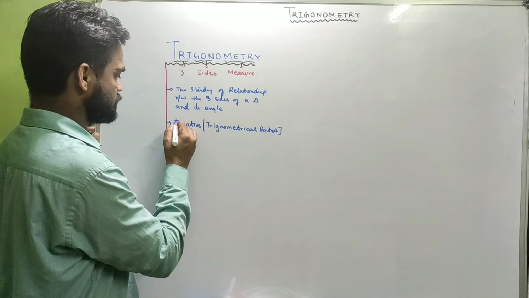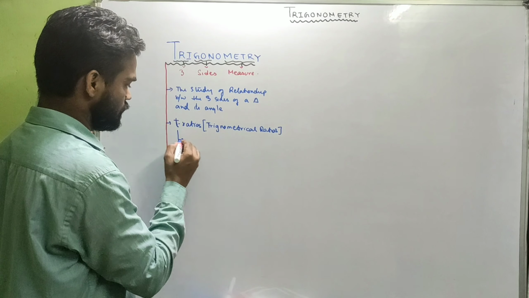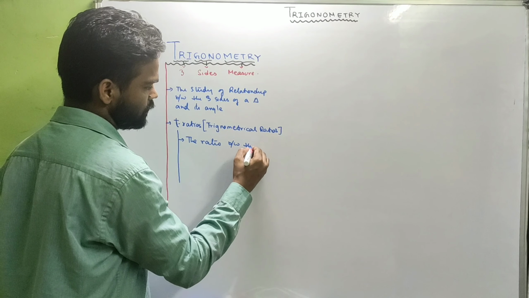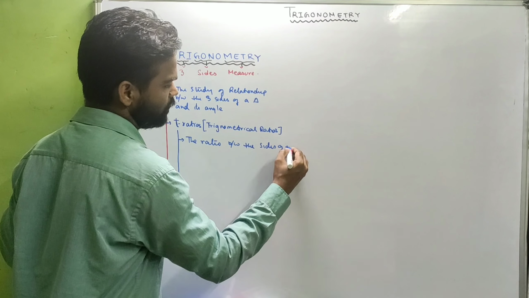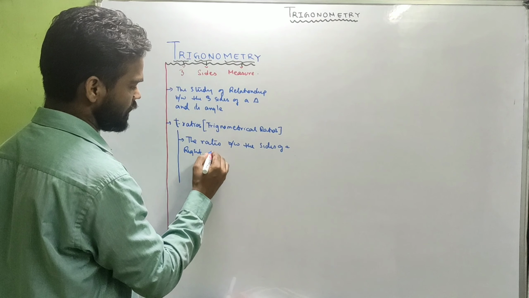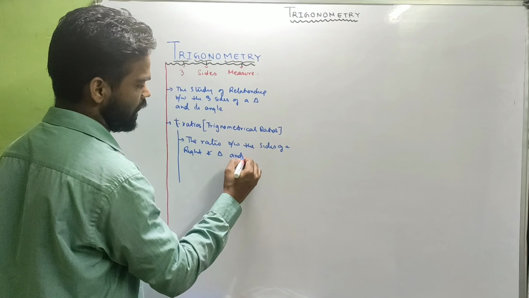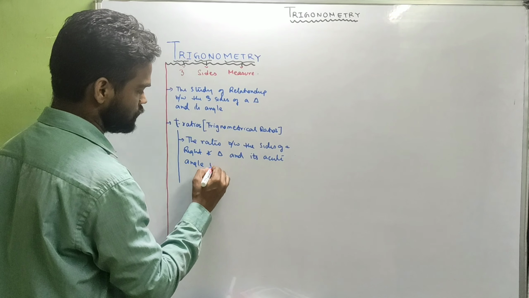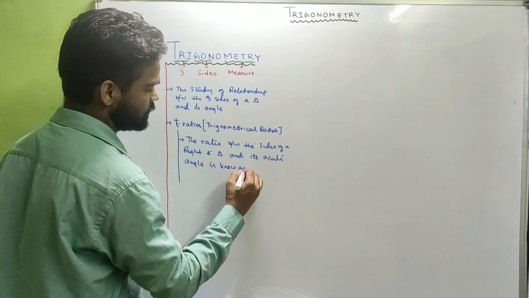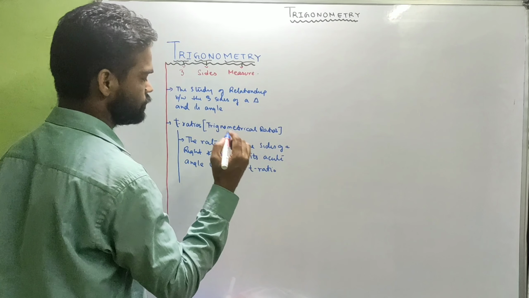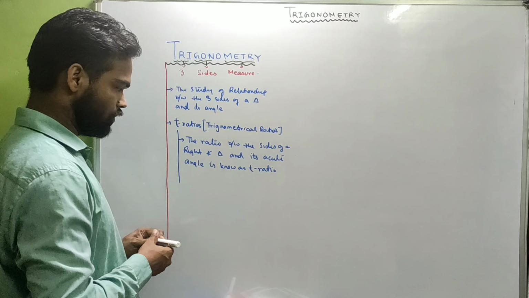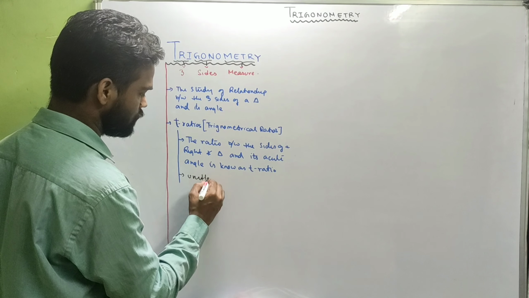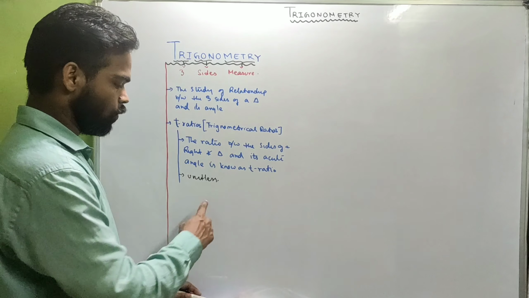Trigonometrical ratio, as the name suggests, the ratio between the sides of a right angle triangle and its acute angle is known as T ratio or trigonometrical ratio. And of course it's a ratio, so this is unitless quantity, no doubt in that. What do I mean by this?